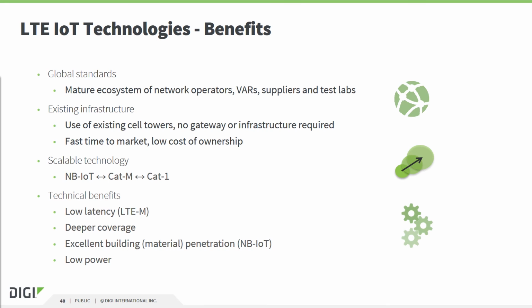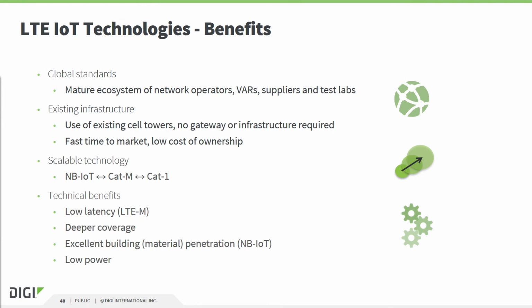The benefits of using a cellular technology such as LTE are: the product can leverage standards that are implemented globally, using a mature ecosystem of carriers, operators, and product manufacturers. Products can use existing infrastructure such as cell towers.